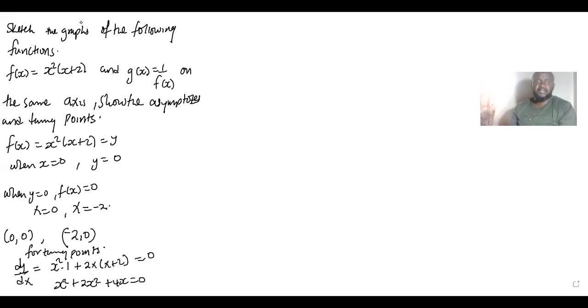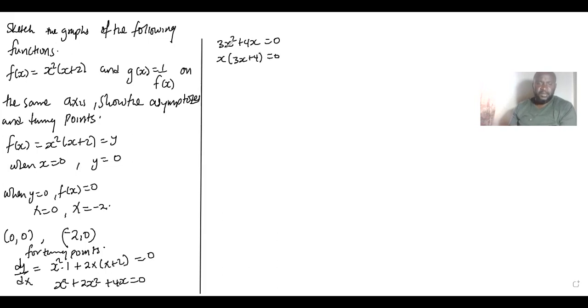Then with that, you have 3x squared plus 4x is equal to 0, and x will be 0 or 3x plus 4 is 0. So the turning points would be x is 0 and x is equal to negative 4 over 3.